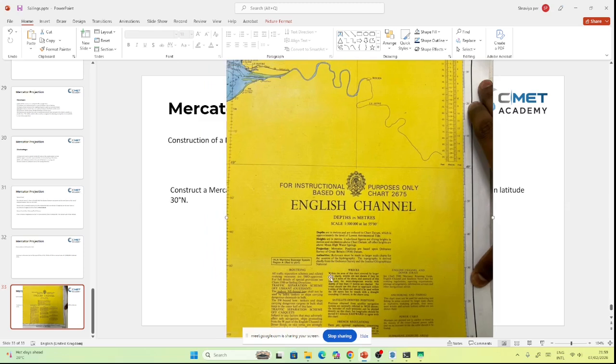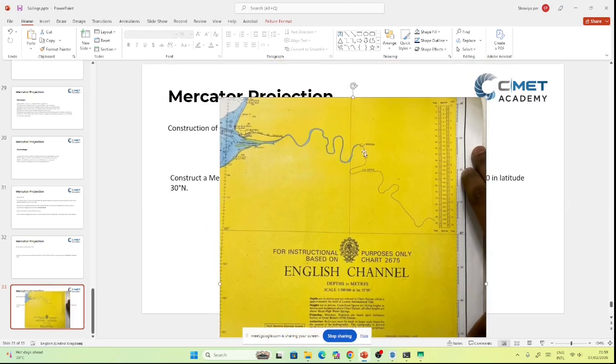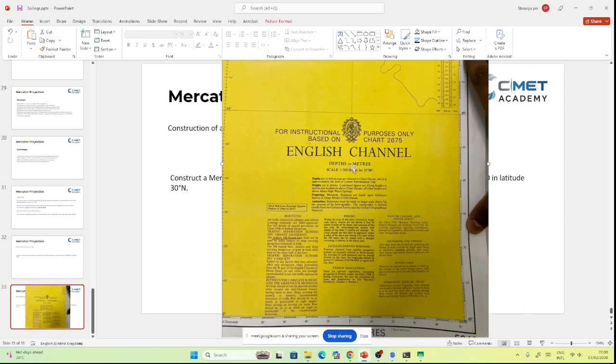let's say you want to find out the actual distance between Rouen and Seine. This is Seine River in France. Let's say you want to find out the distance between Rouen and here, for example, between 2 points. What you have to do is you measure using the divider the distance in millimeters, right?